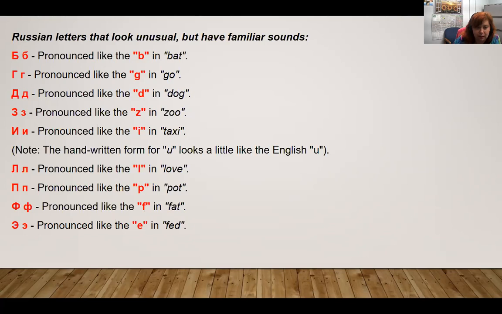E, pronounced like E in fed. So we distinguish between ye and E. Sounds very similar, but these are two completely different letters. Any questions about this? Anybody?